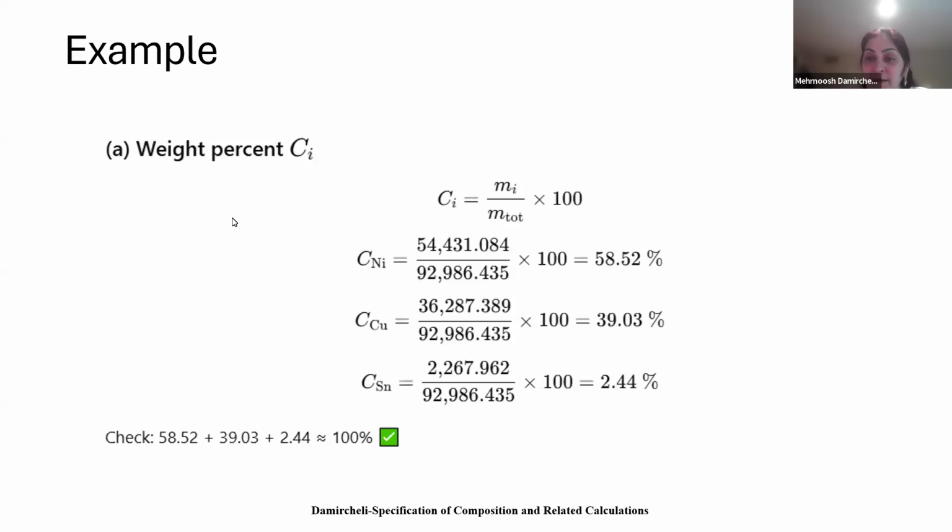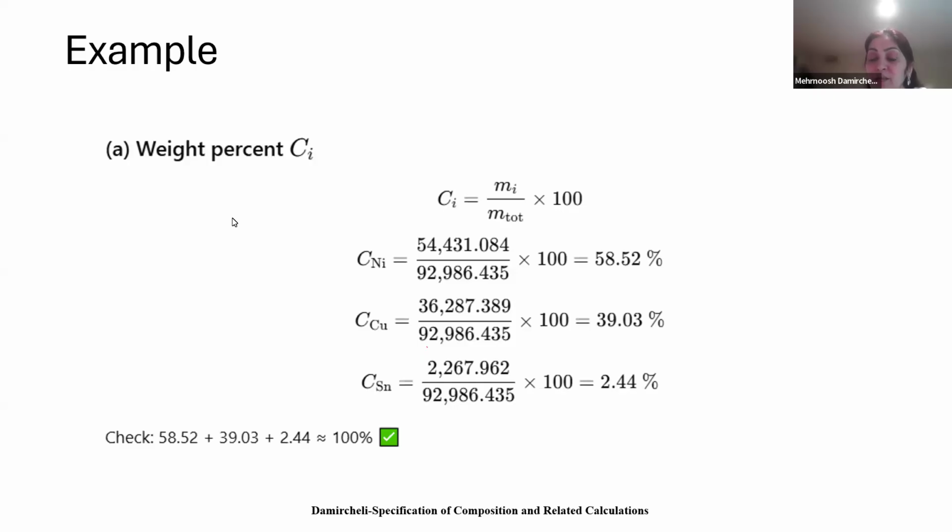Ci, or the weight percent for nickel, is the mass of nickel per total mass times 100%. So here you see 58.52%, for example. For weight percent for copper, mass of copper divided by total mass. For this alloy it is 39%, for example. For weight percent of Sn or tin, the mass of tin per total mass, that is here 2.44.